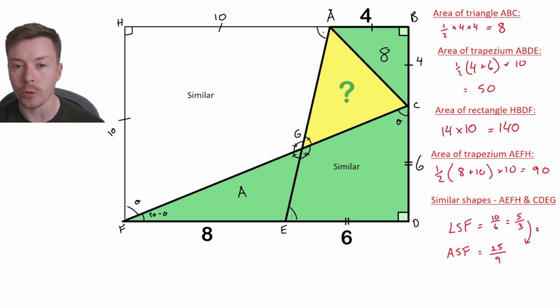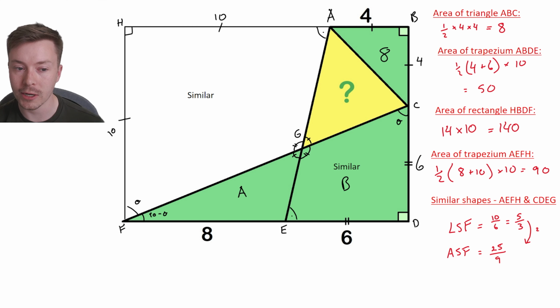So I decided to label these to make things easier. That triangle GEF, I just labelled A, that's going to be in both of those shapes, the trapezium and the triangle. And then I decided to label the bottom right irregular shape B.